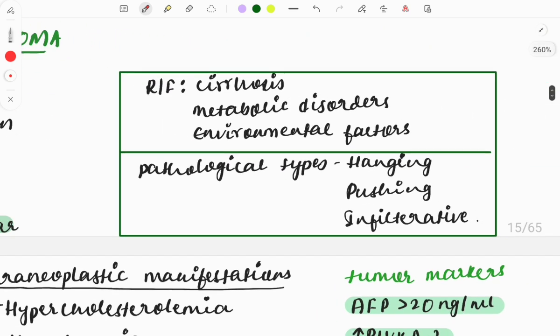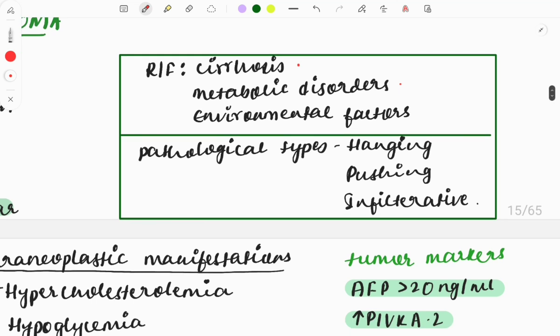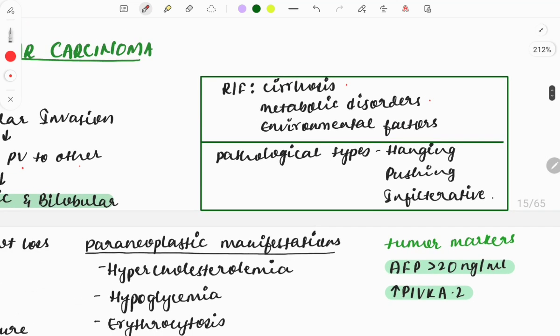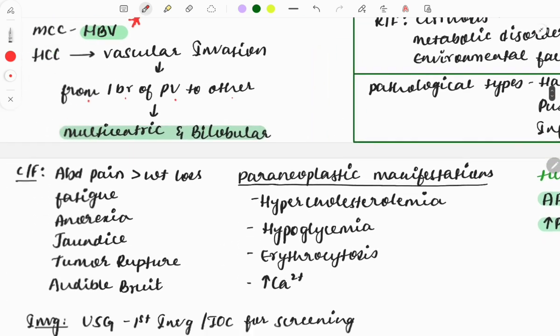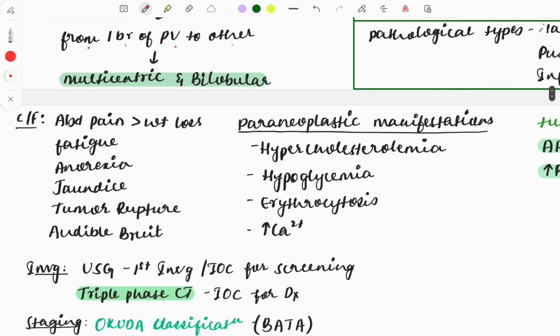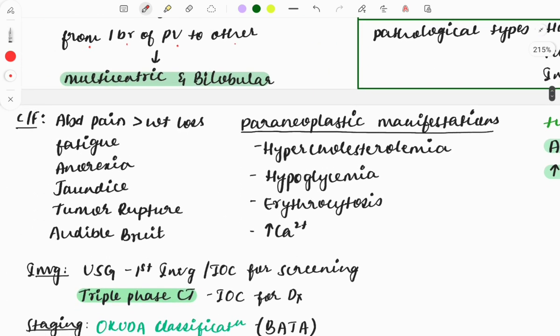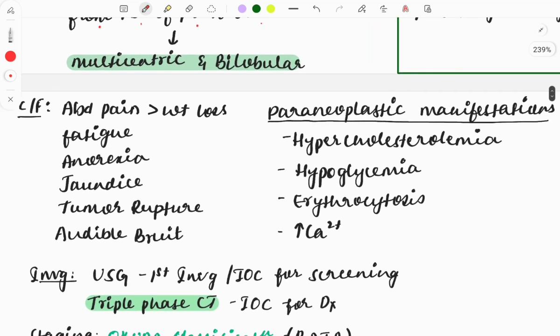And these are the risk factors for hepatocellular carcinoma: cirrhosis, metabolic diseases like Wilson's disease, in which there will be an increased level of copper, then environmental factors. Then the pathological types: hanging, pushing, and infiltrative. Just remember the pathological types, no need to go that deep into this. Then the clinical features, you already know: abdominal pain, weight loss, fatigue, anorexia, jaundice, tumor rupture, all these things.